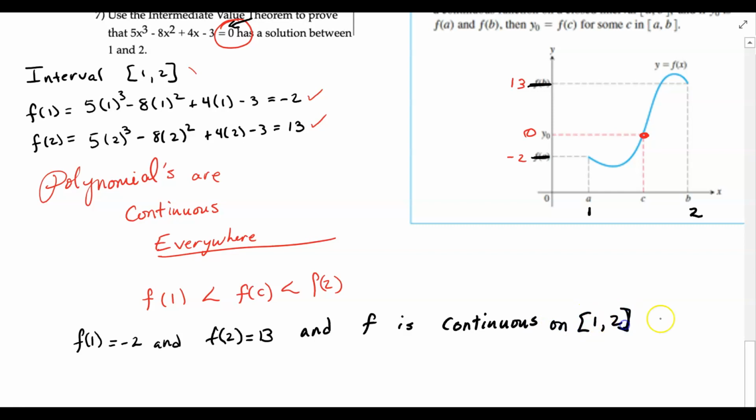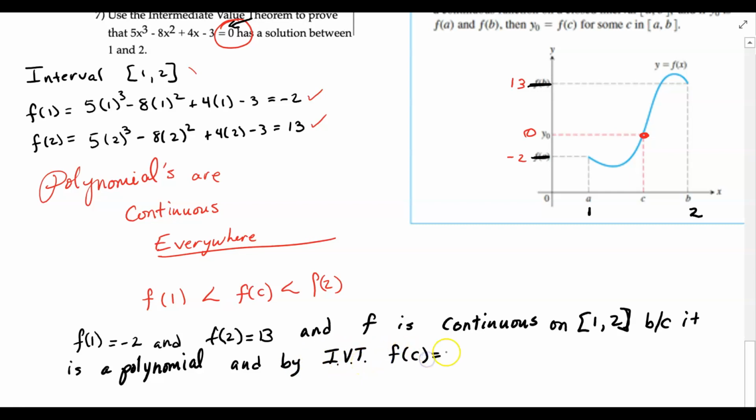Because it is a polynomial. And by the intermediate value theorem, and I'm going to abbreviate it IVT, it's very common, there is a point where f of c equals 0.